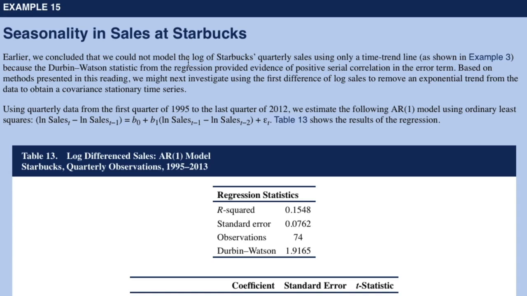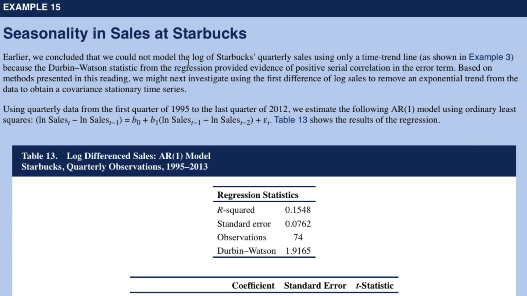Now here's sort of the confusing thing if you've been going through this and you get to this point. Typically, if we run an AR1 model, we look at the autocorrelations for any significance, and if we have significance, we have serial correlation, we move on to an AR2 model.